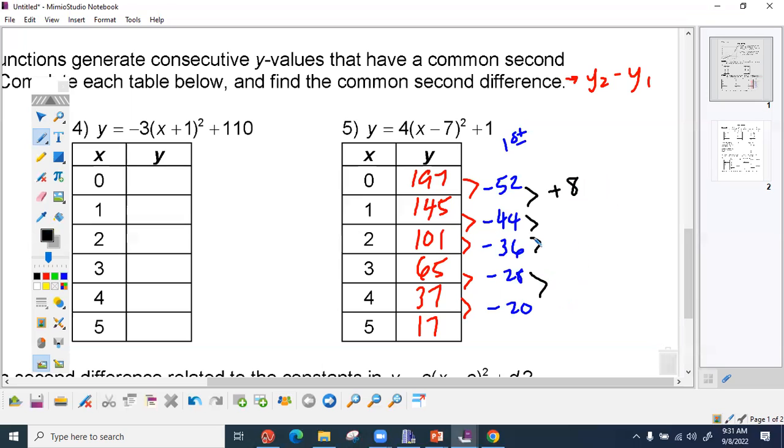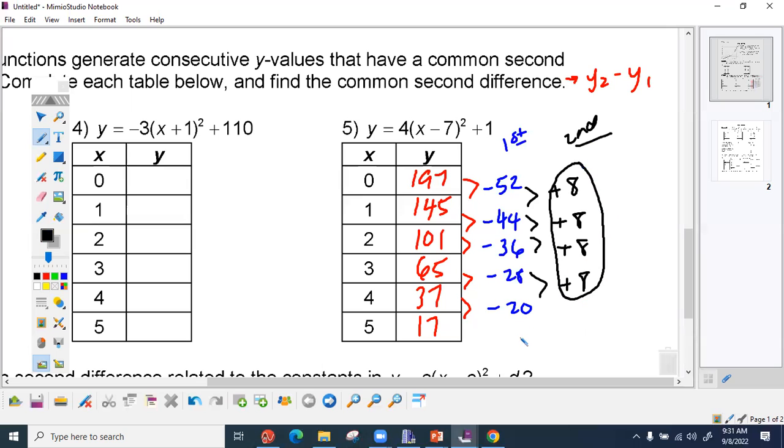Negative 44 to negative 36, I added 8. Negative 36 to negative 28, I added 8, and negative 28 to negative 20, I added 8. So notice how my second difference is the same. Do we see that?